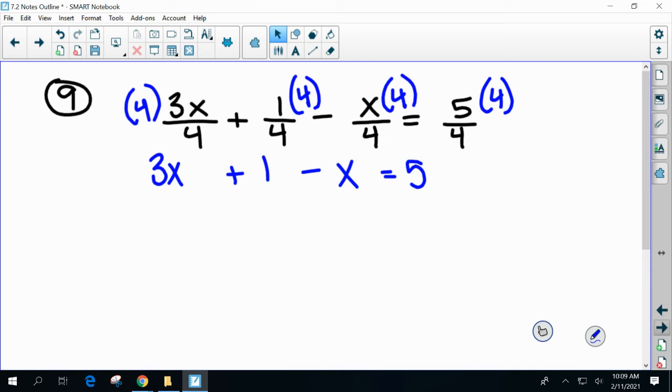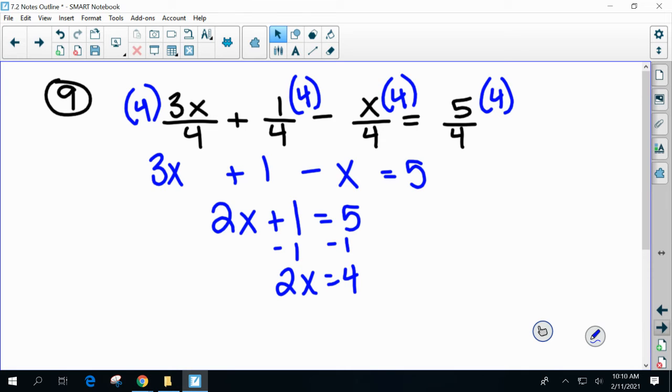So then we need to combine our like terms. So 3x minus x would be 2x. We still have plus 1 equals 5. Okay, so then we need to subtract 1. So 2x equals 4.